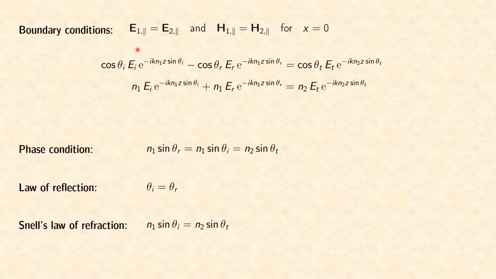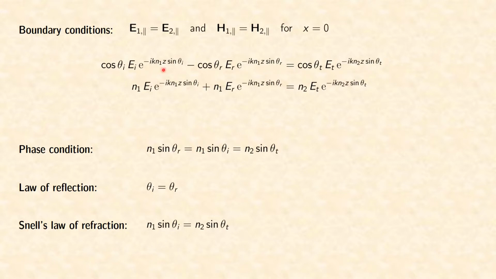Now we again apply the boundary conditions for the electrical and the magnetic field at the position x equals 0, of course. And in that case, again, the sum of the incident and the reflected field on the one side, so in medium 1, is the same as the transmitted field in medium 2.